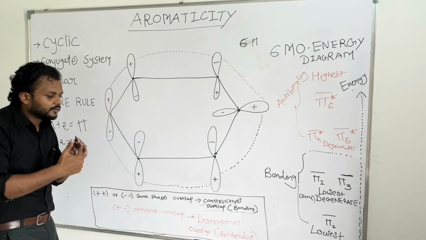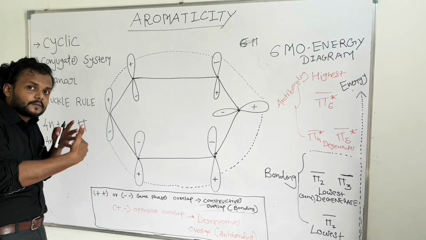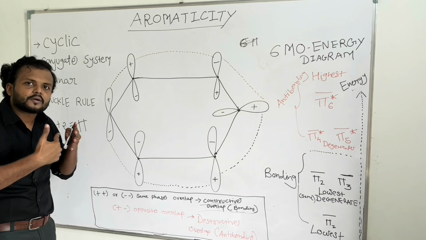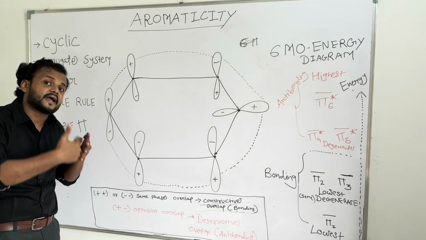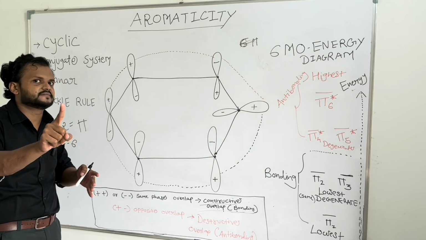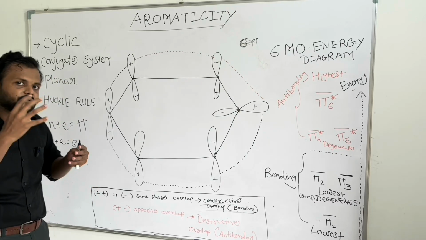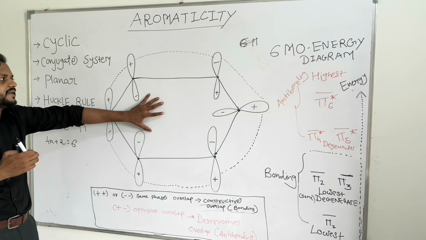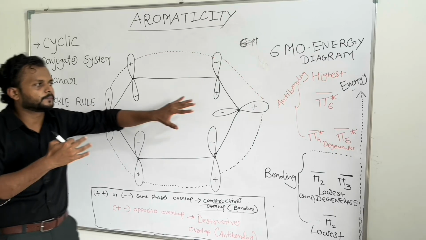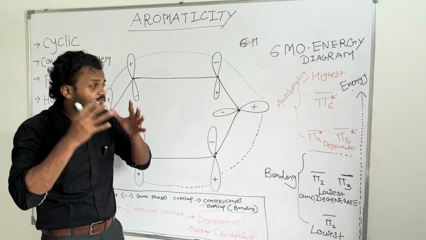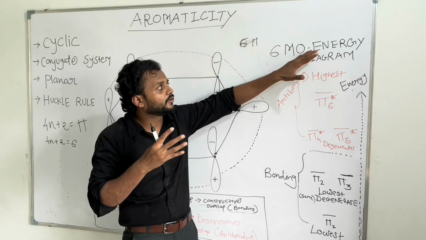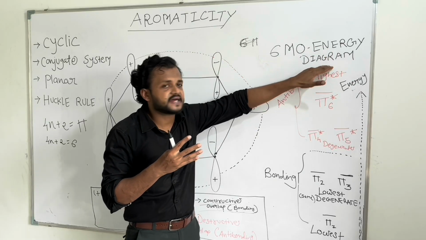Yes, anti-bonding overlap can take place, but those anti-bonding orbitals should not have any electrons. That is the condition. So we just need to fill these 6 pi electrons of benzene into the molecular orbitals. For that, let's see the molecular orbital energy diagram.